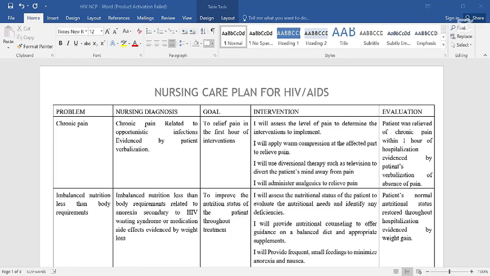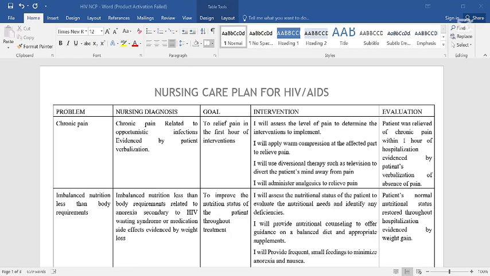So we first start with assessment, and the first thing is that the patient will complain of pain. Therefore, our first problem is chronic pain. The nursing diagnosis is chronic pain related to opportunistic infections evidenced by patient verbalization.